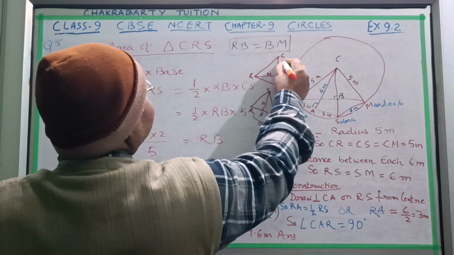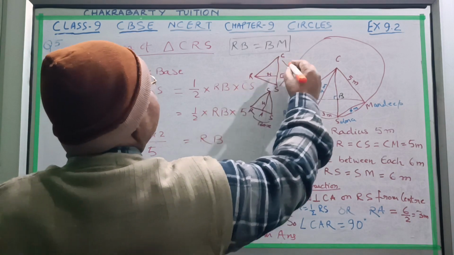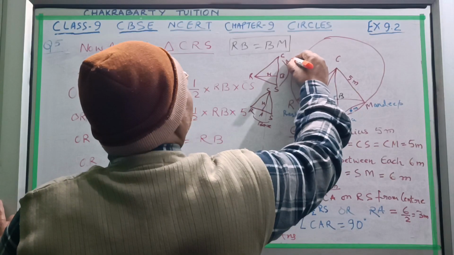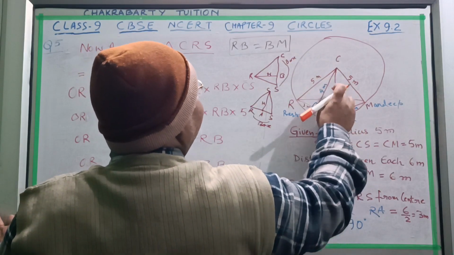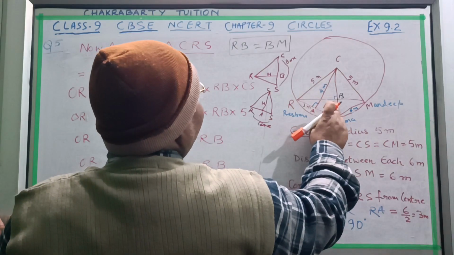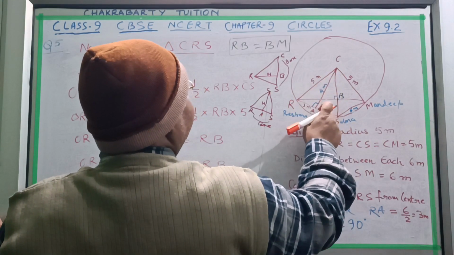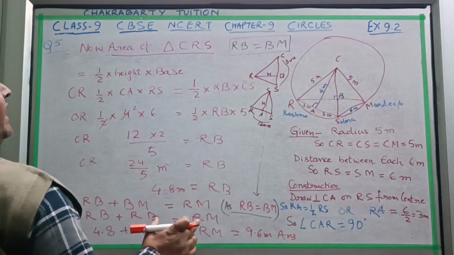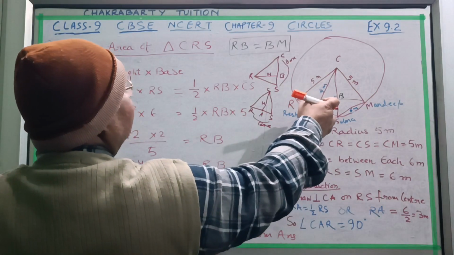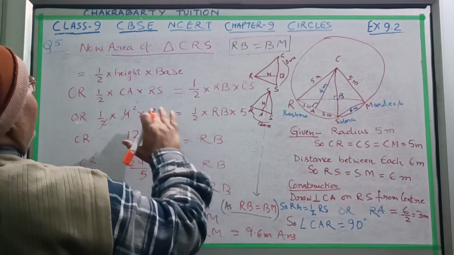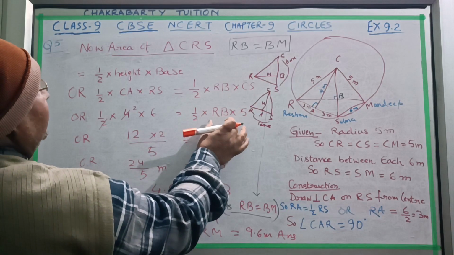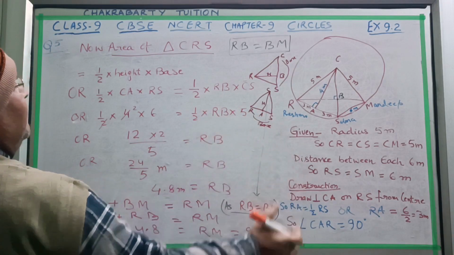And here CS is your base. So in this triangle CRS, we are having two heights. One height is this one, and one height is this one. Both should be equal because it is the area of one triangle only, the area of CRS. So by any way, if we take any height, it should come equal.